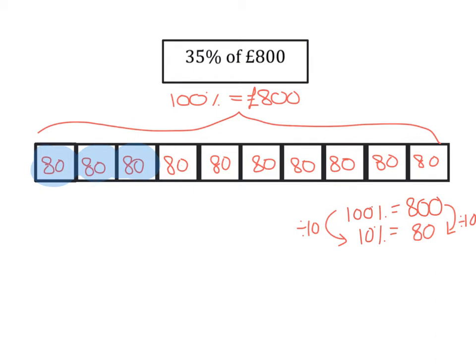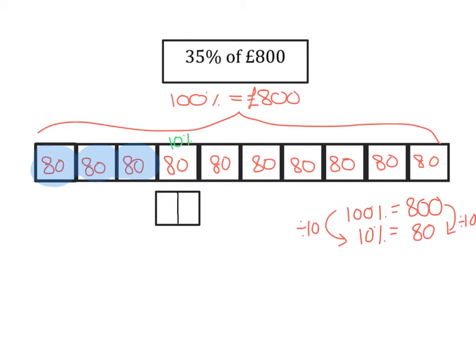So remember, this box here was actually 10%. So I'm going to draw a bar smack underneath it, because I don't want that anymore. I don't want 10%. I only want 5%, which is going to be half of that box.